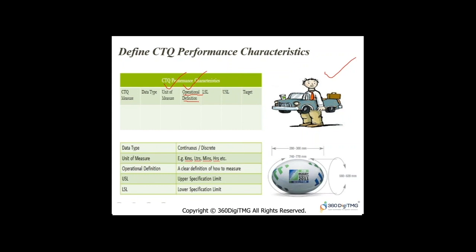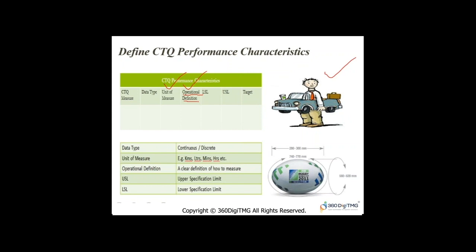Or what is it? If you want to compare two people's time taken, if you ask person A and person B how much time they take to arrive at office, different people might have different definitions, right? One person might say, I measure it right from the time I put on my tie till the time I connect my laptop and log into my machine. That's the start and end time.